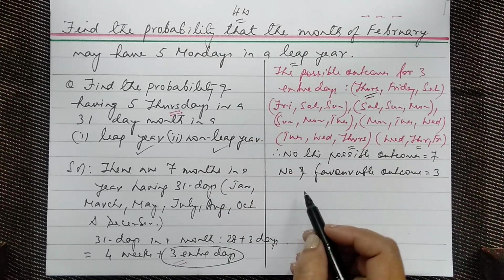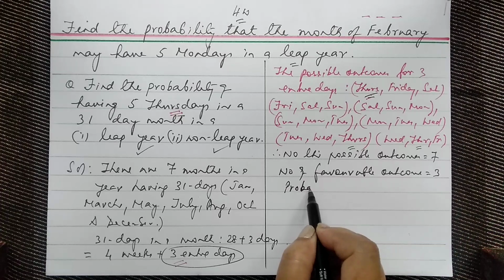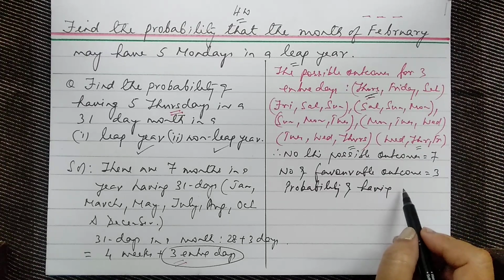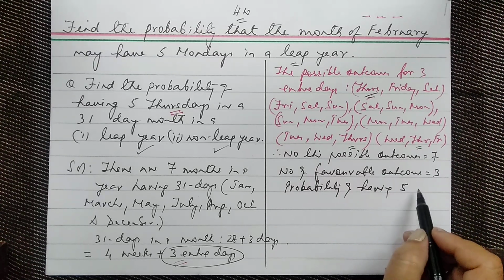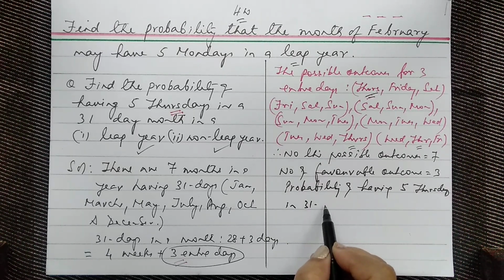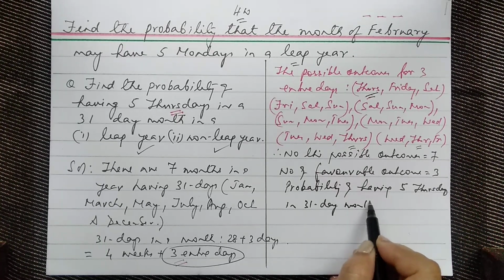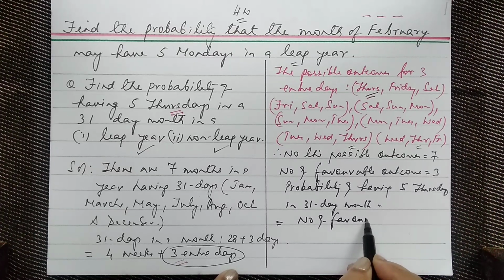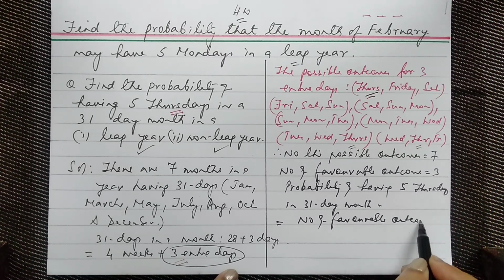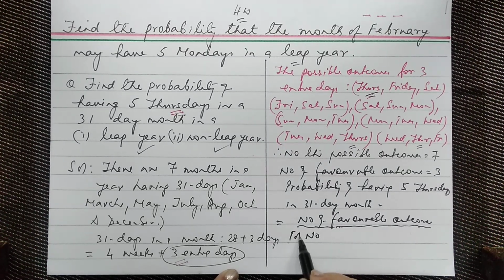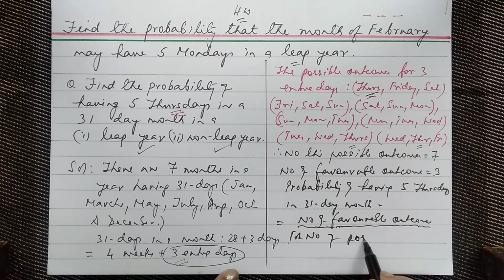So we'll have therefore the probability of having 5 Thursdays in a 31-day month as the number of favorable outcomes over the total number of possible outcomes.